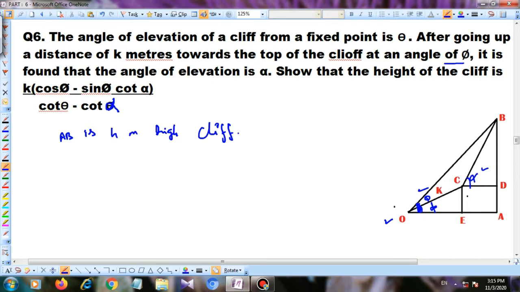So in right angle triangle OAB, tan theta equal to, or cot theta equal to OA upon AB.